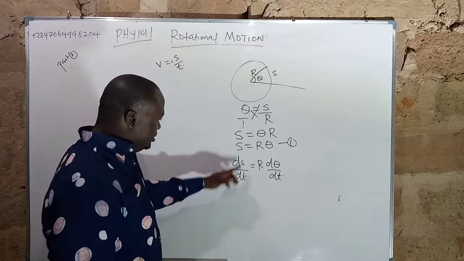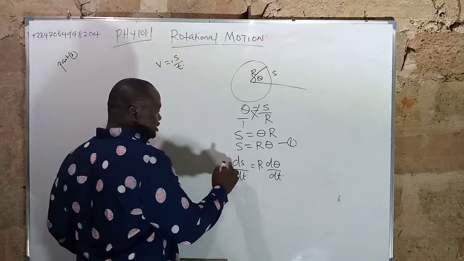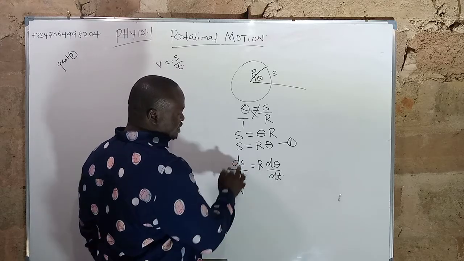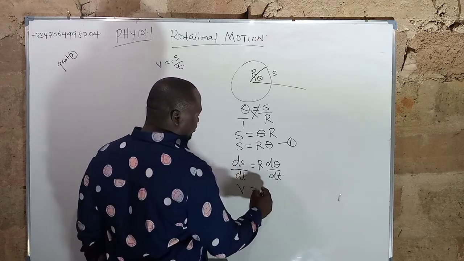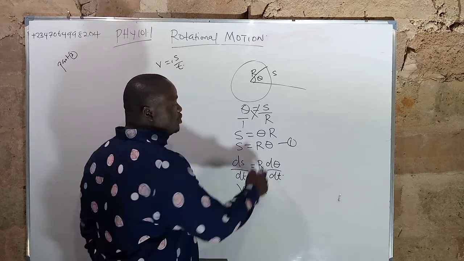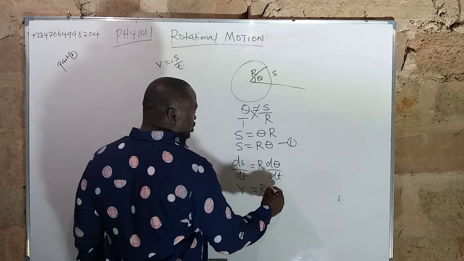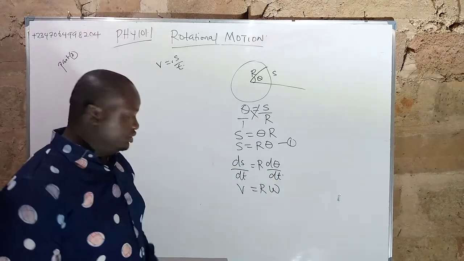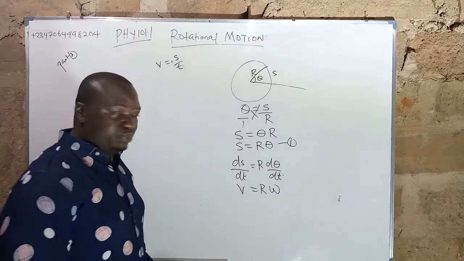So this dS all over dt is v, because this is linear. So you have your R here. Now this one is still velocity, but this is now under rotational, so this will be angular velocity.